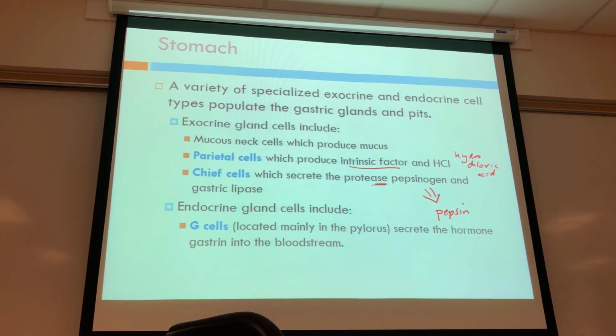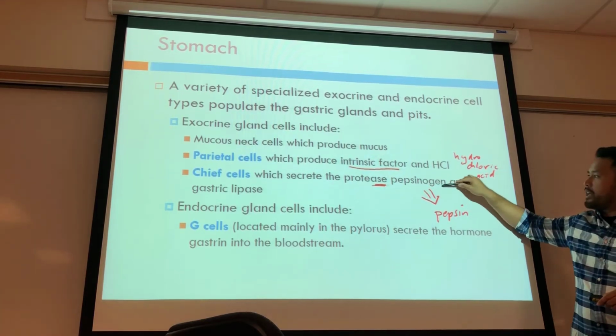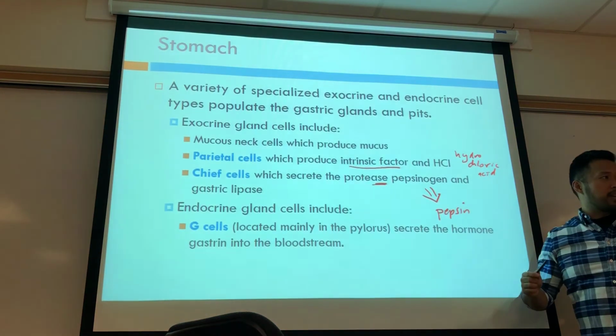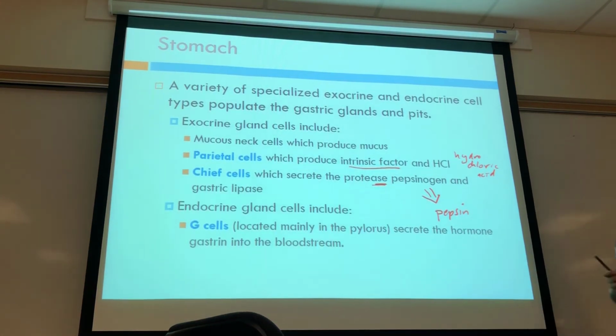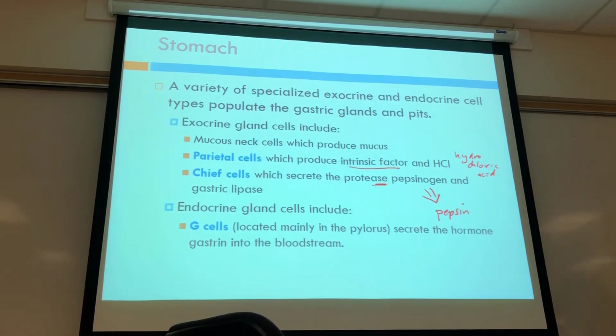So anything that ends in ogen is the inactivated form, and the active enzyme will be pepsin. If you remember angiotensinogen and angiotensin, angiotensinogen is the inactive form, angiotensin the active form.